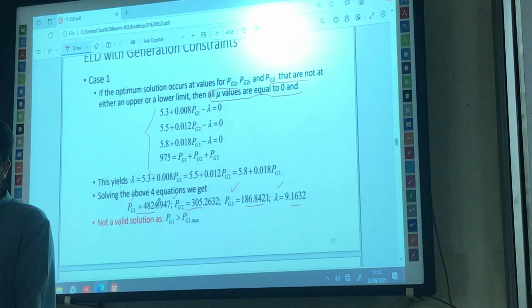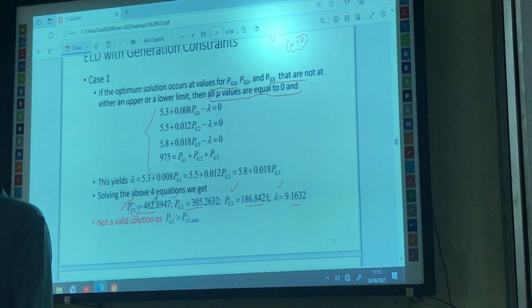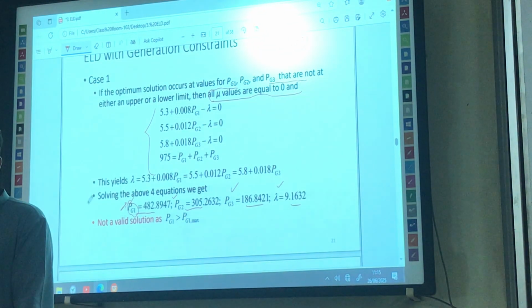Because look, for any particular generating unit, let's say for Pg1, is it possible that this Pg1 is both violating the upper limit and lower limit at the same time? It is not possible, right? Either it will be within the limit, or it will violate the upper limit, or it will violate the lower limit, right? Let's say it is 482. That means it is violating the upper limit, that is 450.